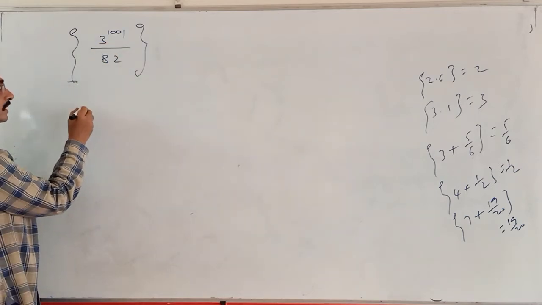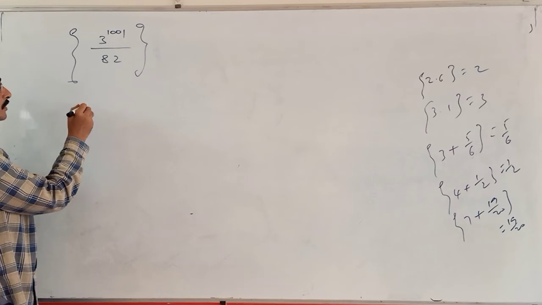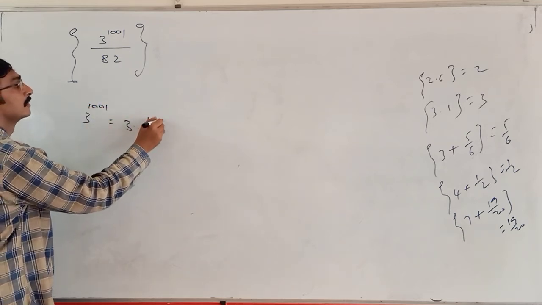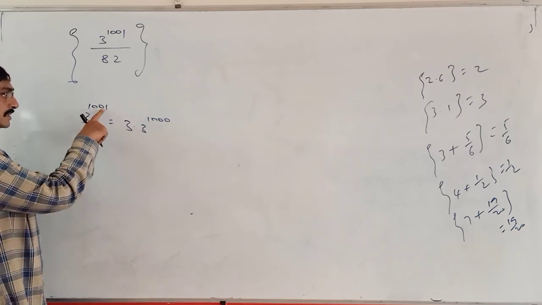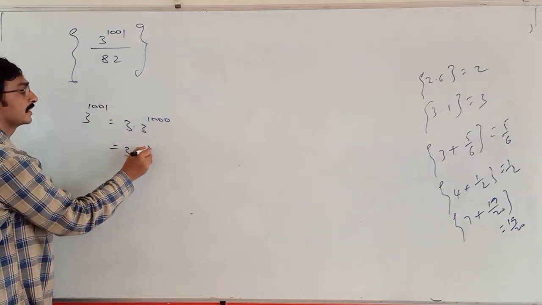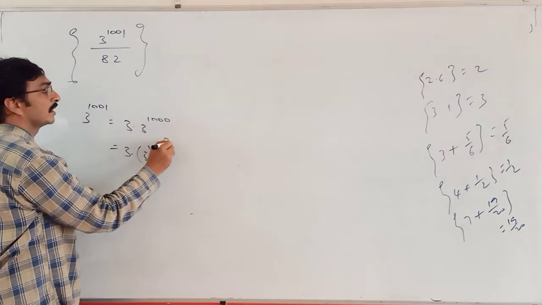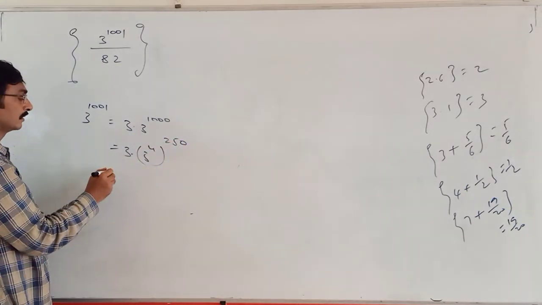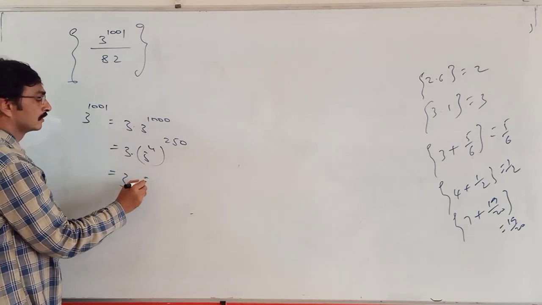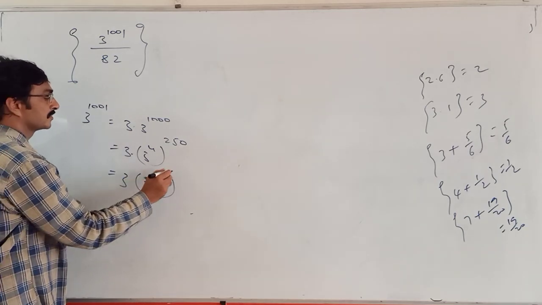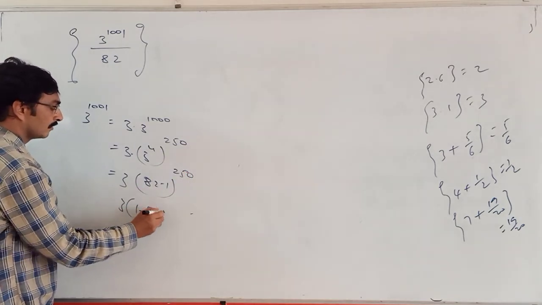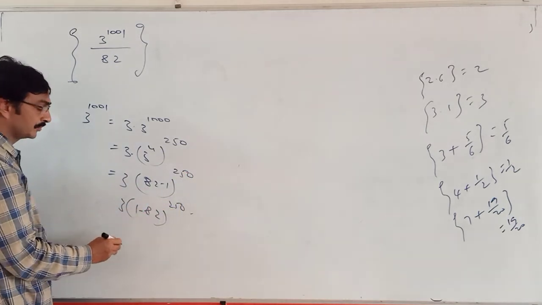Therefore 3 power 1001 is 3 times 3 power 1000, because 1001 is not a multiple of 4. Now this can be expressed as 3 power 4 whole power 250, and 81 means 82 minus 1 whole power 250. That is nothing but 1 minus 82 whole power 250.